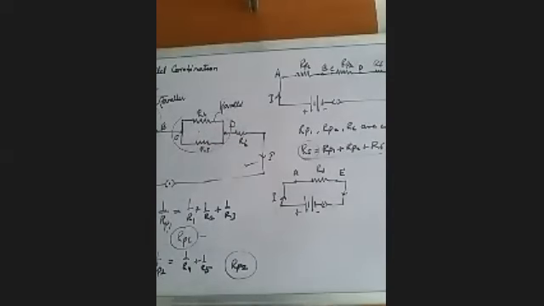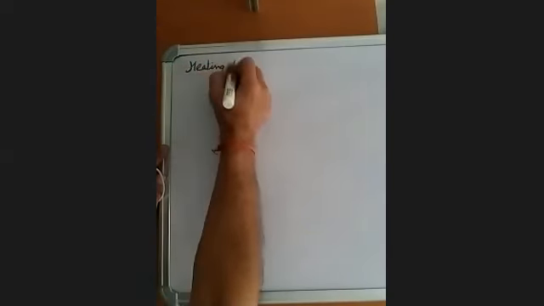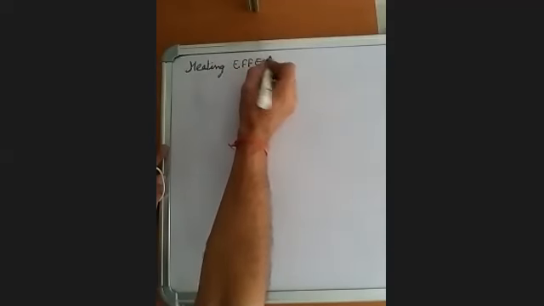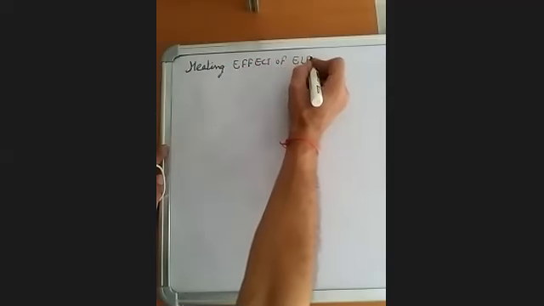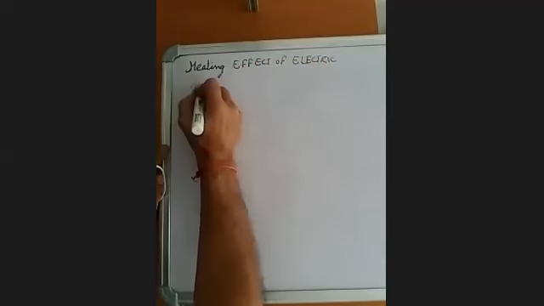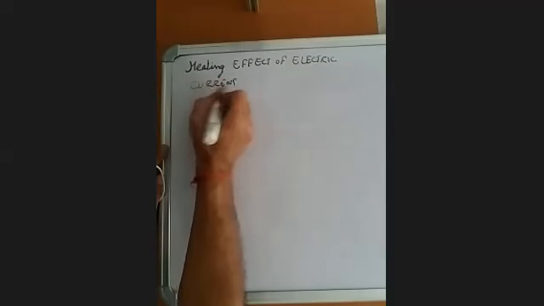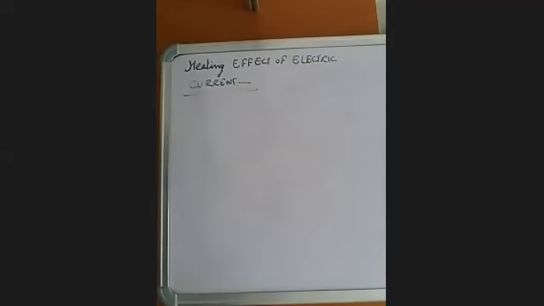Heating effect of electric current. We know that whenever we switch on an electrical device like a heater or a bulb, the incandescent bulb that we used to use, these devices become hot.